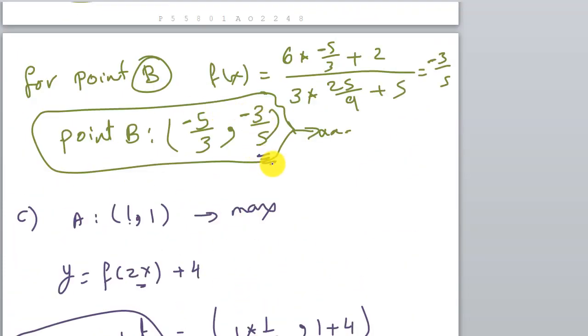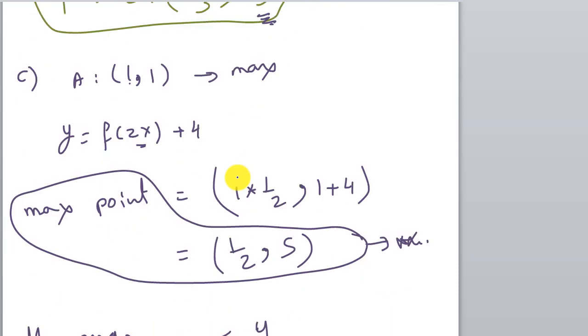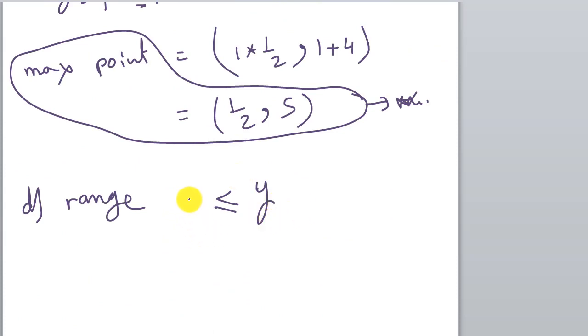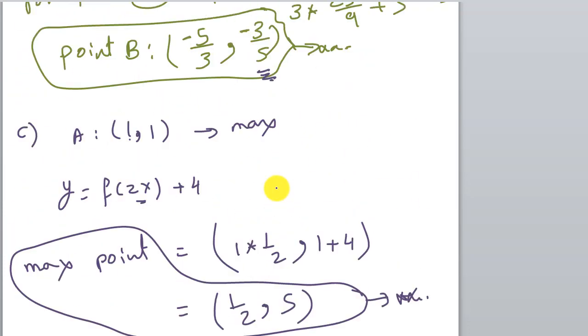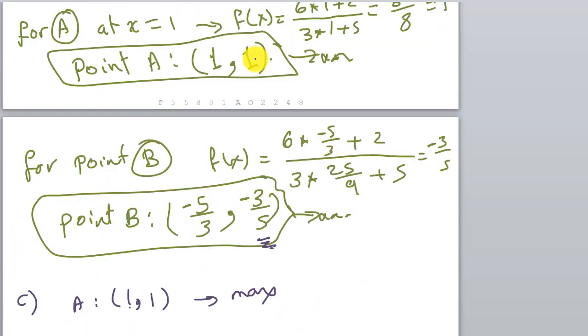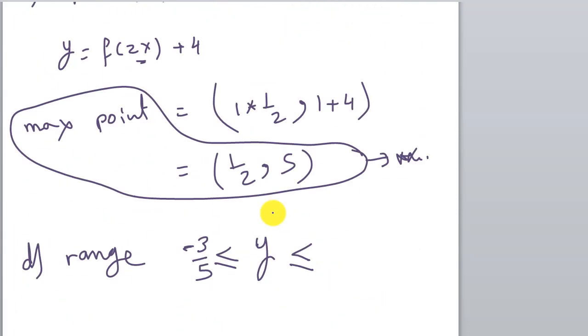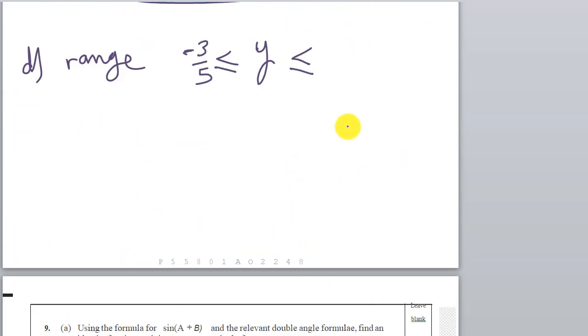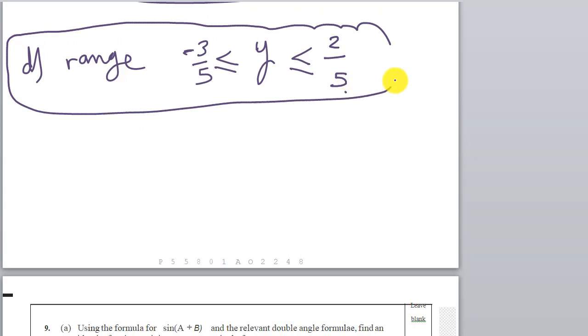This one, minus 3 over 5. So y is bigger than or equal to minus 3 over 5 and less than or equal to the maximum, which is 1. And this is the range of y.